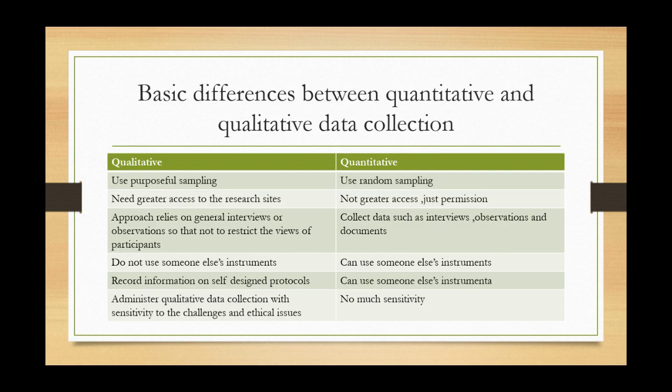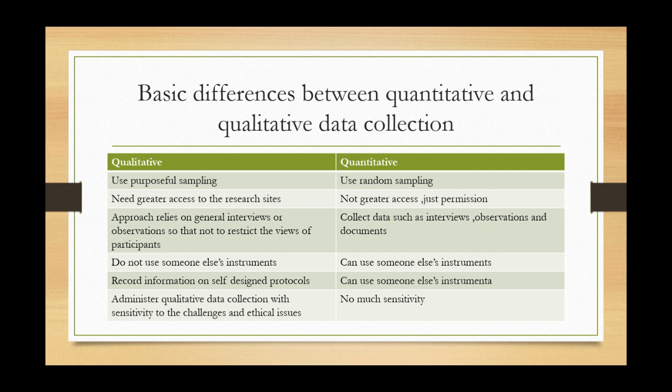Then we have to point out some basic differences between quantitative data collection and qualitative data collection. These differences are helpful for us to know at this point. If you base on the general characteristics of qualitative research, then qualitative data collection consists of the following.